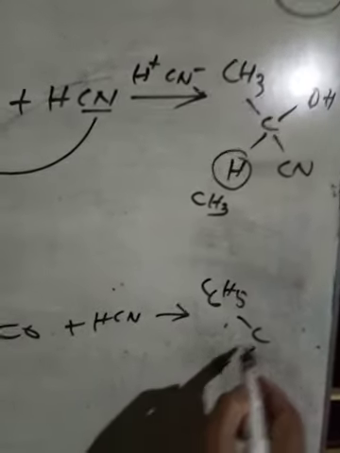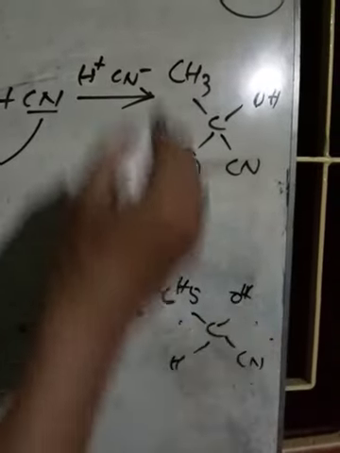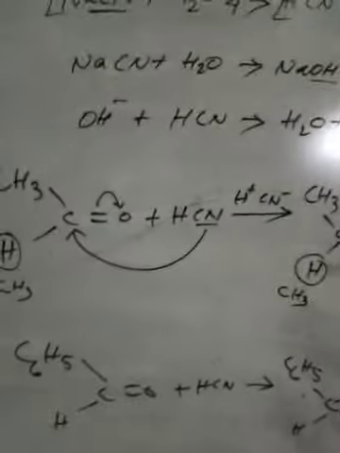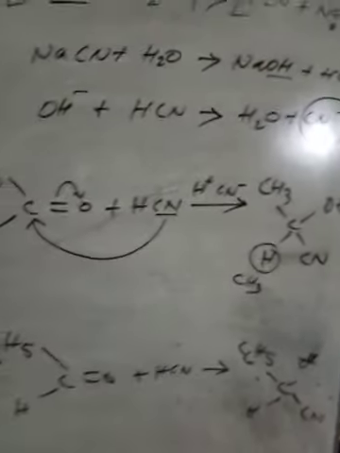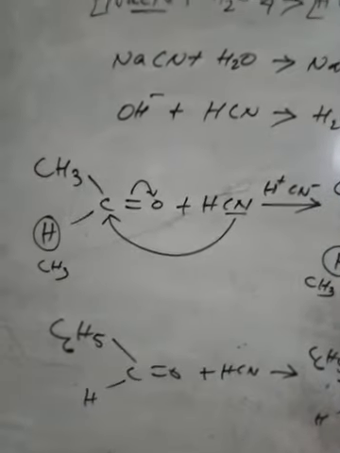These addition products are called cyanohydrin. So this is the addition reaction of HCN. Now another example is being given.